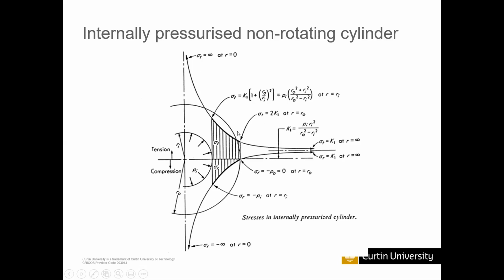With this equation, you can see the radial stress is always minus. At the outer surface it will be 0, and at the inner surface it has some value, which is minus P as well.